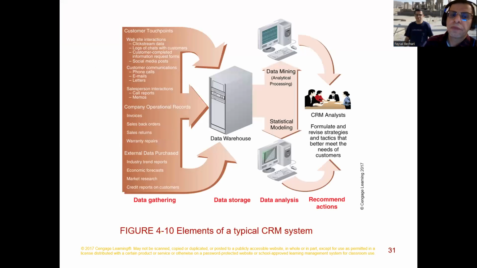So when you come in, CRM starts gathering information, which is looking at customer touch points, website interaction, the clickstream data. They look at the logs and chat with the customers. They look at the customer-completed information request forms.